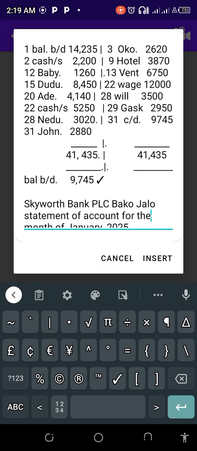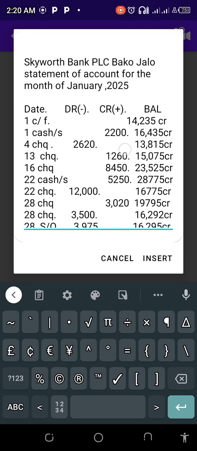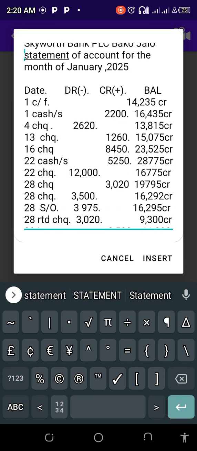Then let us go again. After Due, we have Ade. On the 20th, there is Ade, and the amount is 4,140. So let us go and check whether Ade is found on the credit side of the bank statement. It was on the 20th, on the 16th, on the 22nd.